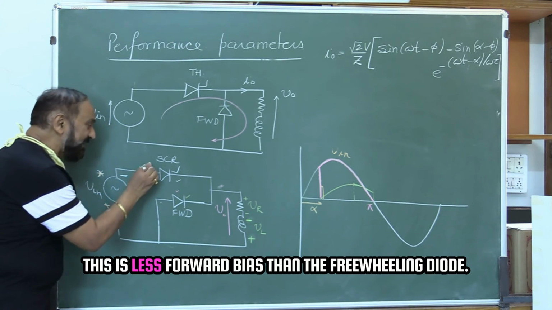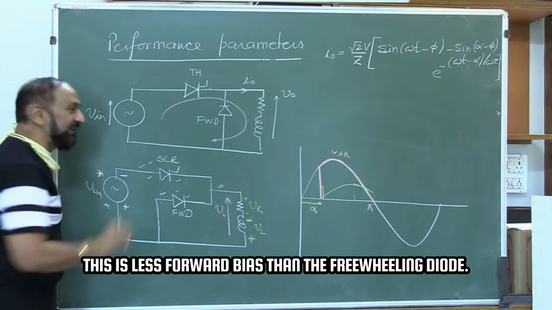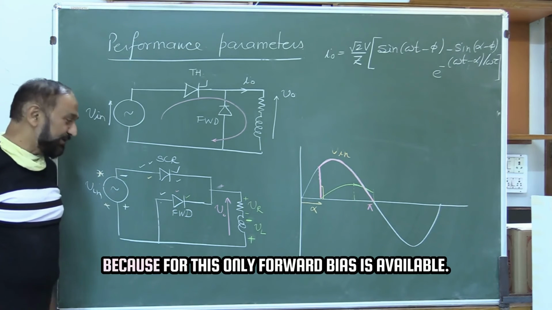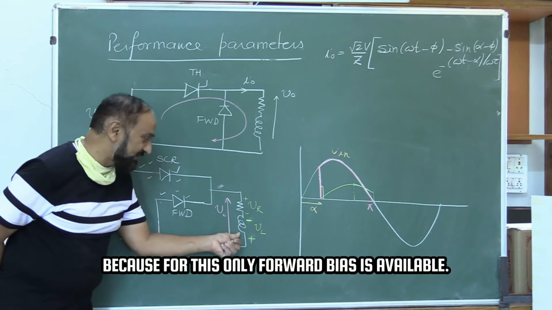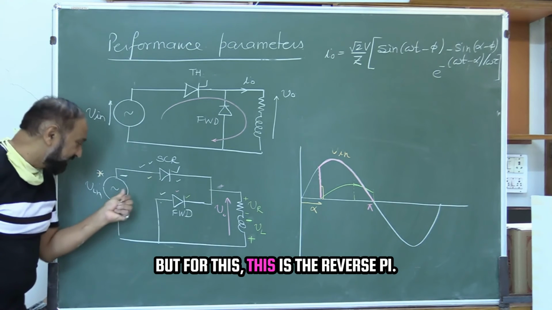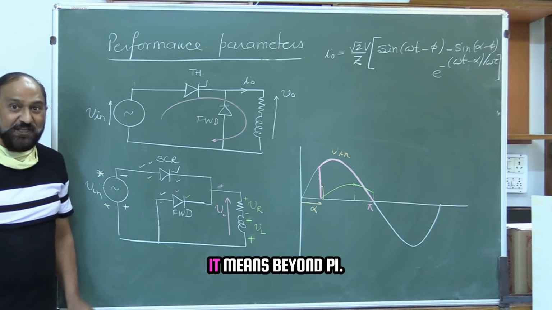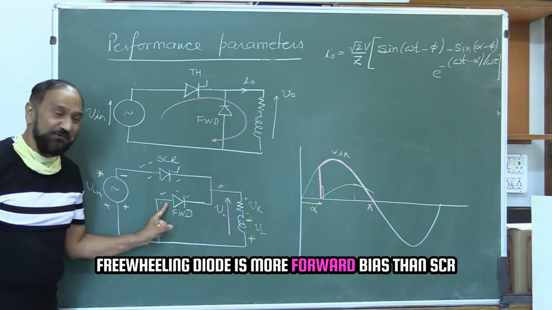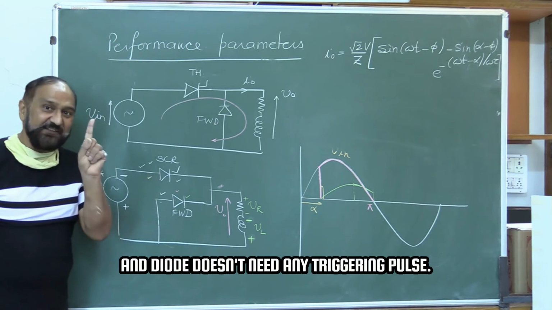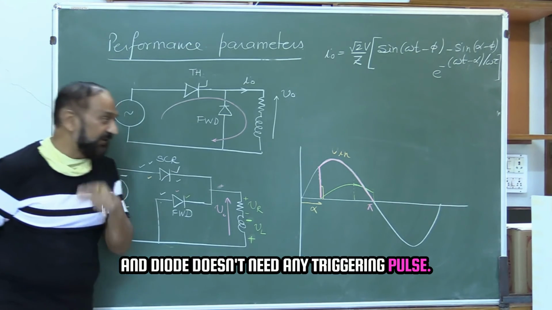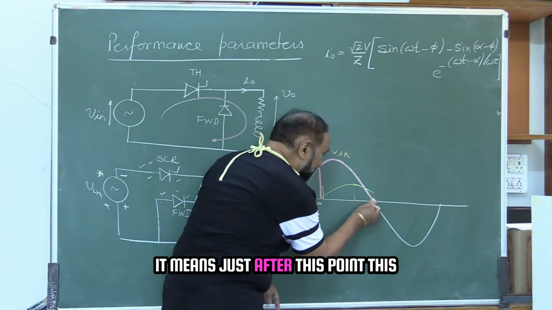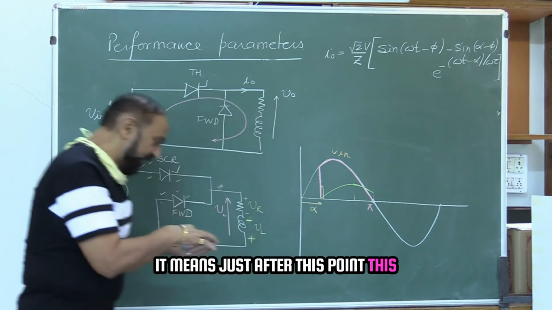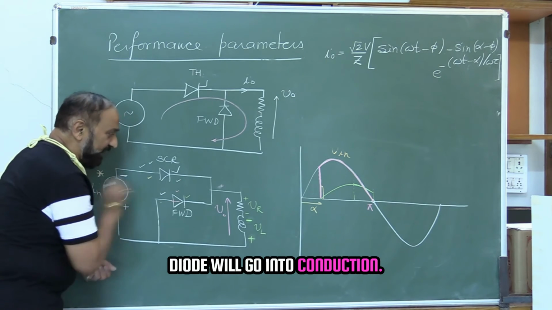This is less forward bias than the freewheeling diode, because for this only forward bias is available, but for this is the reverse bias. It means beyond pi, freewheeling diode is more forward biased than SCR, and diode doesn't need any triggering pulse. It means just after this point, this diode will go into conduction.